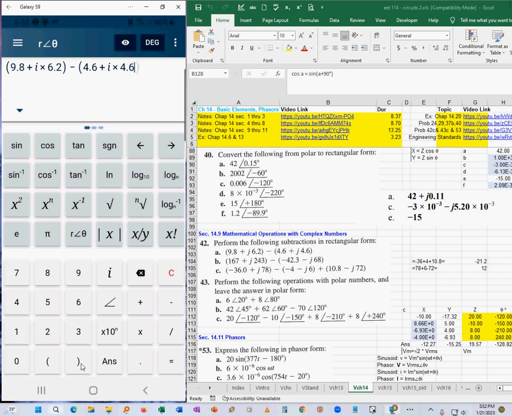There it is, 5.2 plus 1.6. To flip it to polar, that's how you do it with that number. You could just flip it back and forth. Pretty easy.